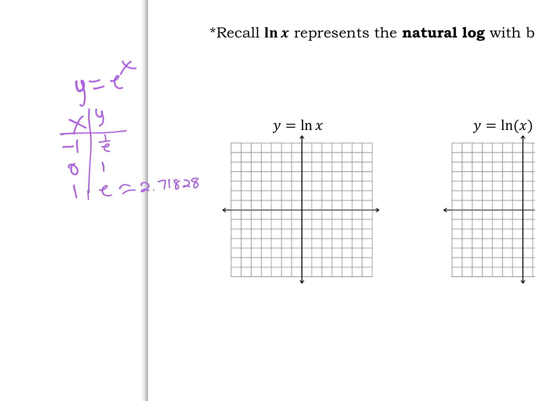And then the other thing to remember that we talked about, in terms of graphing this, we don't know how to graph 1 over e, but we know that that's approximately equal to 1/3. So when you're graphing, you can think of that as approximately 1/3. Okay, so to graph this logarithmic, y equals log base e of x, we're switching.